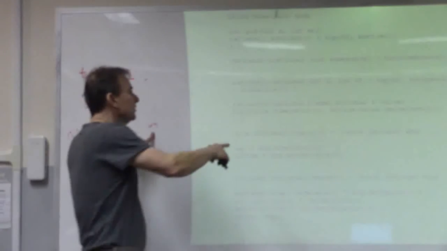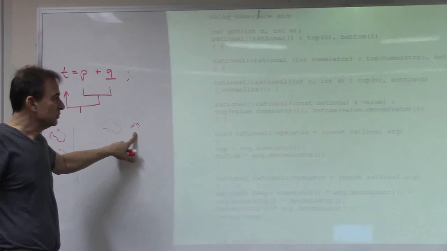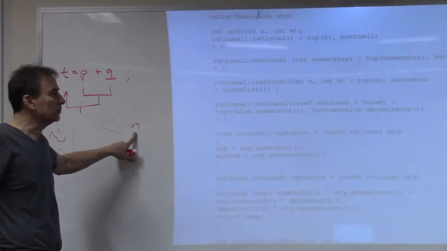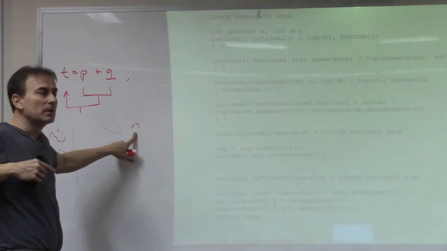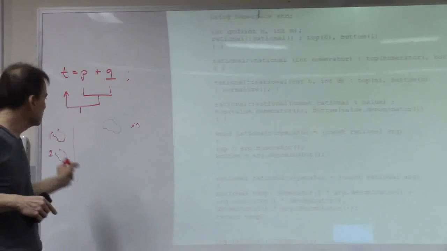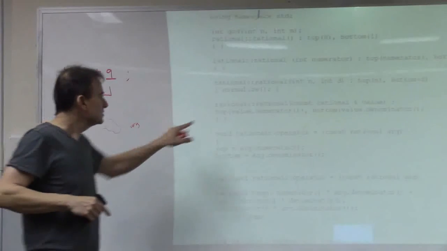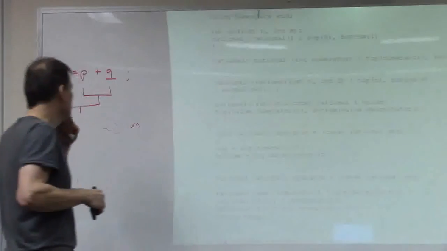So tell me, what is top referring to? Which is the host of top? Not Q, we're copying from Q. The copy constructor is copying into arg, so the top of arg gets the value of the numerator.